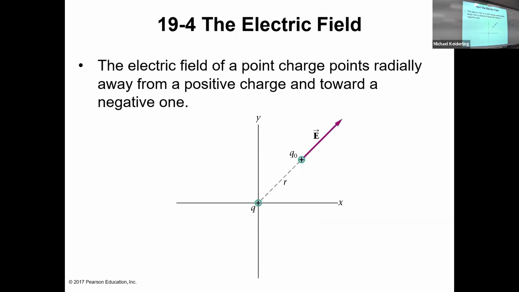The electric field of a point charge points radially away from a positive charge and towards a negative charge. So if you have some point charge here, the electric field it is creating will point away from it if it is positive and towards it if it is negative.